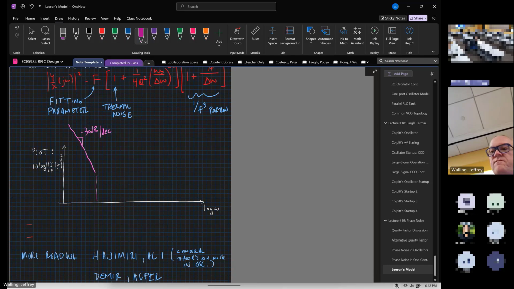You hit the flicker noise corner, delta omega 1 over f cubed. Then the phase noise rolls off at minus 20 dB per decade. And then at omega naught, approximately omega naught divided by 2Q, you hit the thermal noise floor and the noise stays constant at 10 log of f.